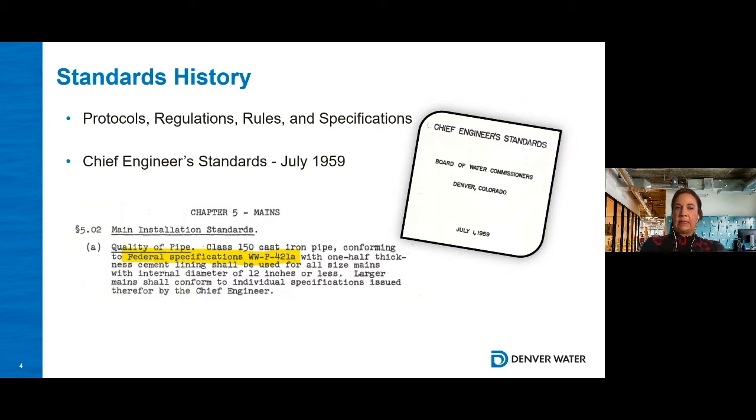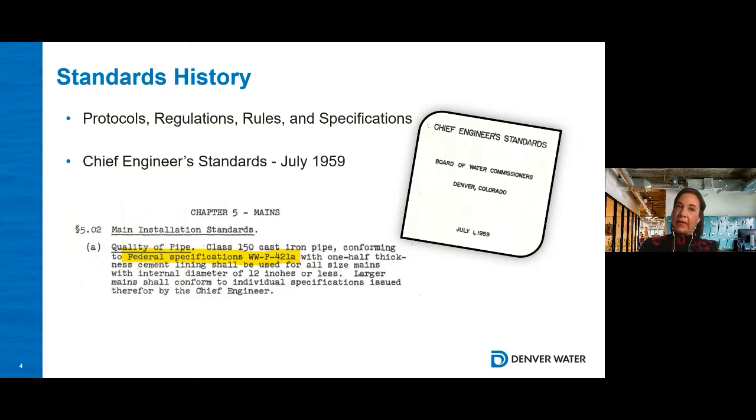However, we have assets still in our system that date back to the late 1800s. While the 1959 document gave us a really public way of acknowledging different standards organizations, we know that from the late 1800s until 1959, we had references to AWWA throughout our legacy documents.